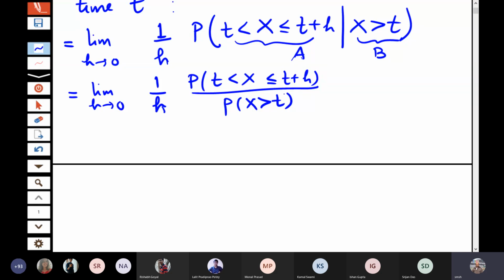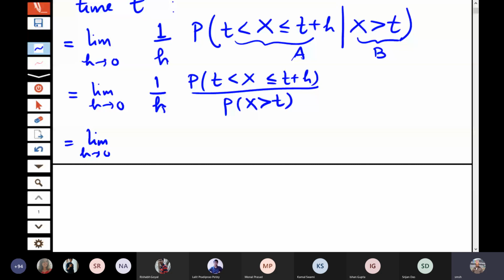So now let us put the expressions for this. The numerator is nothing but the probability of x less than or equal to t plus h minus the probability of x less than or equal to t, divided by the probability of x greater than t.